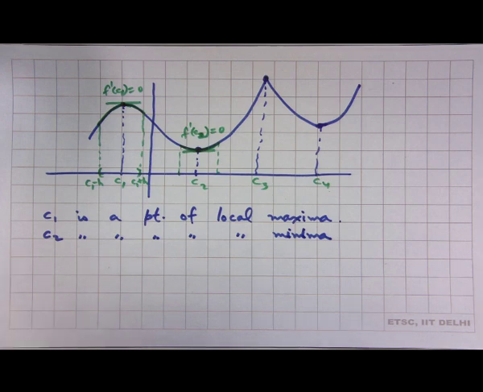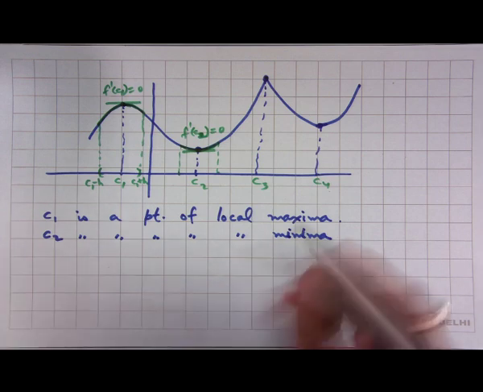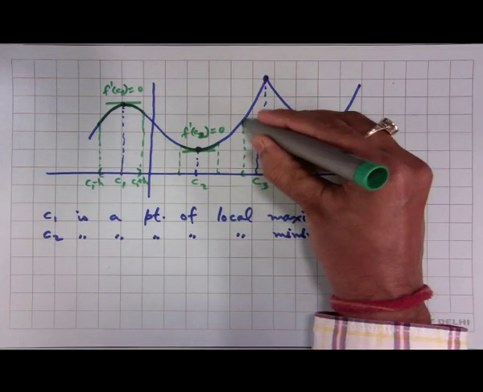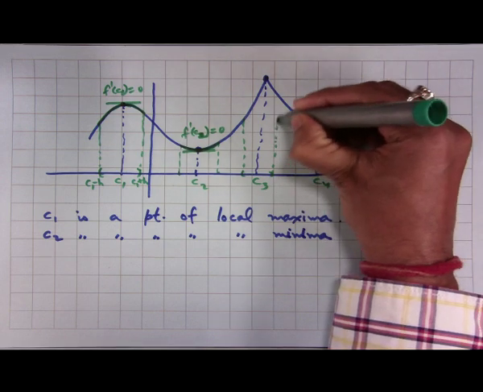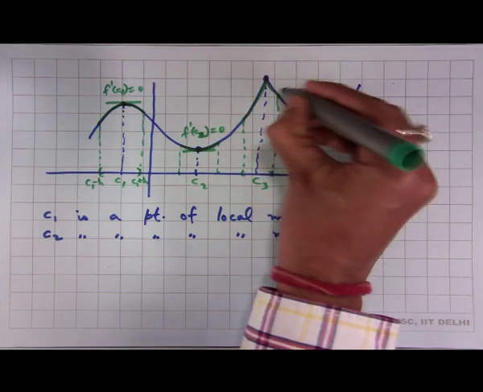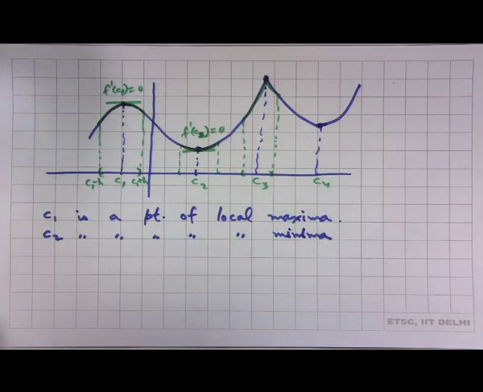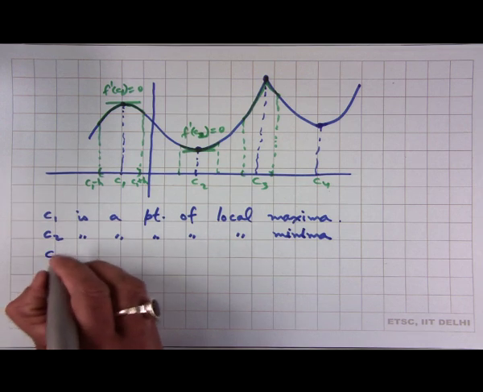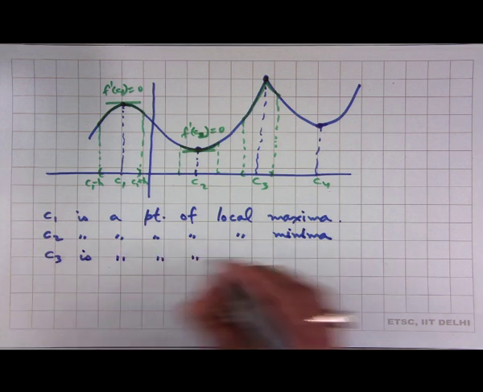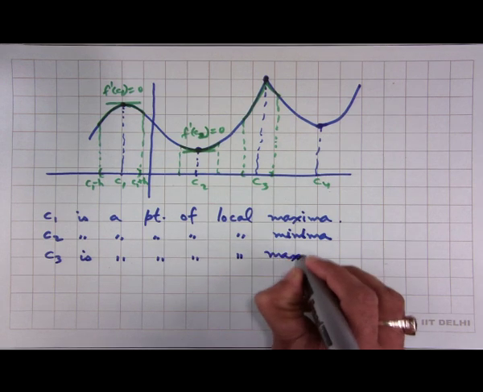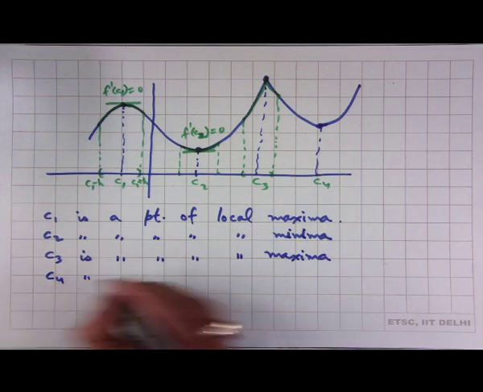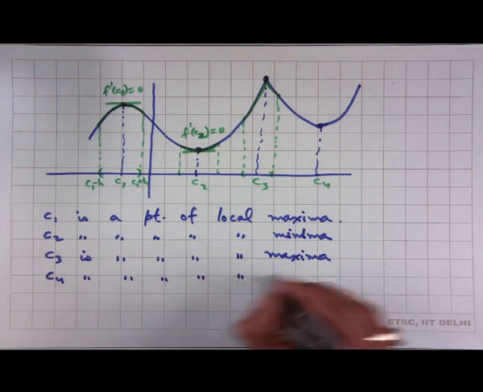Now, if we look at C3, again if I take an interval C3 minus h to C3 plus h, then the function attains its maximum value at this point C3. So, this C3 is again a point of local maxima, and C4 is a point of local minima.